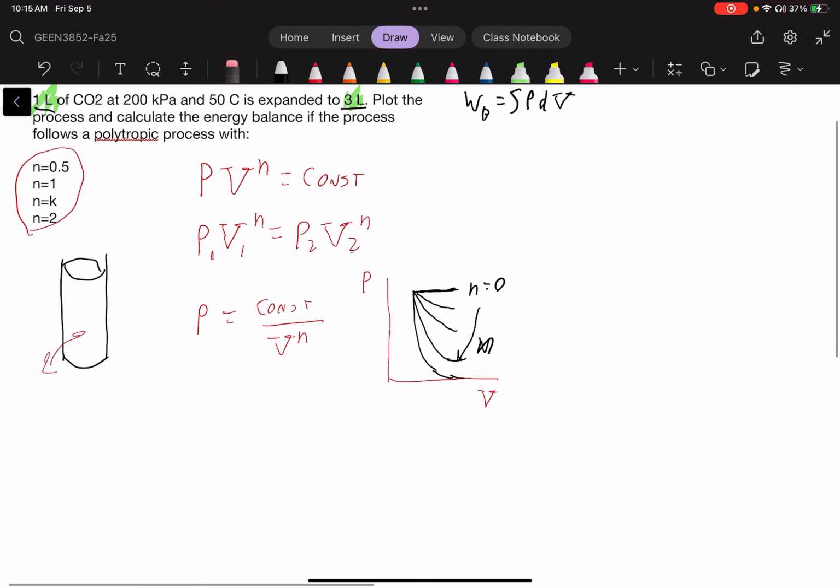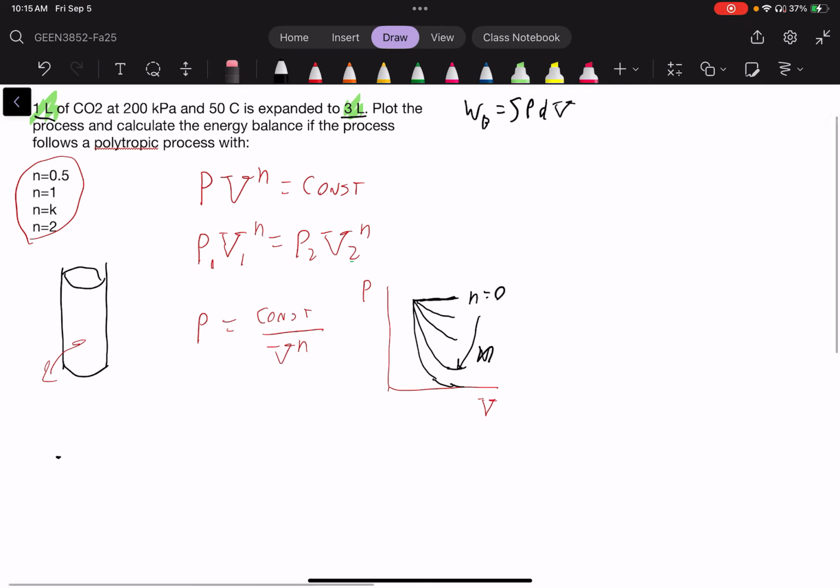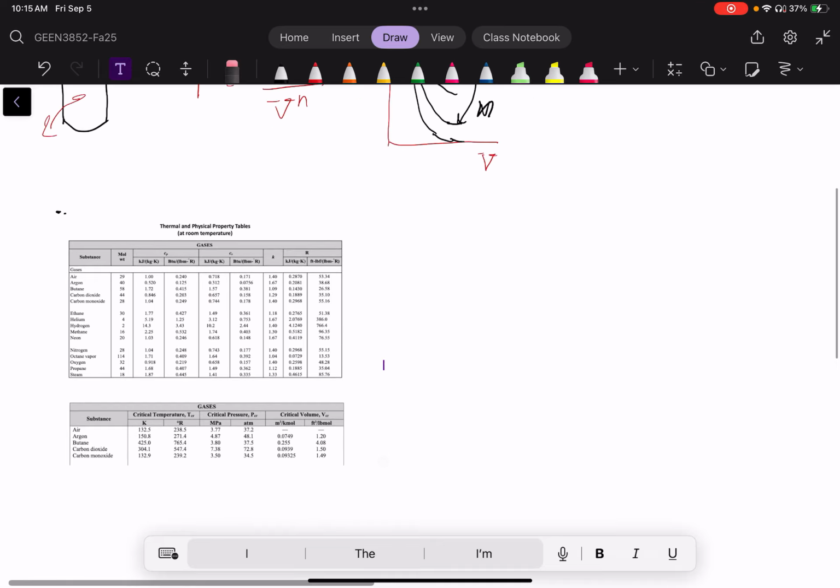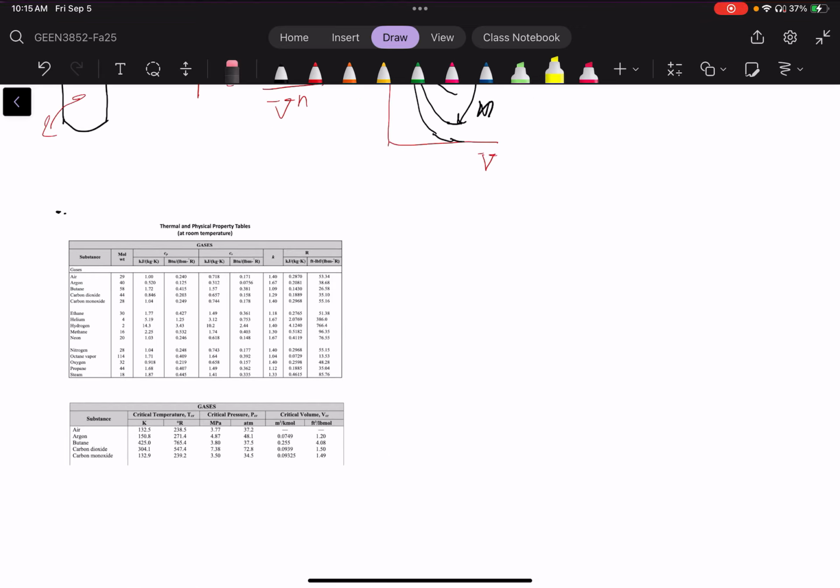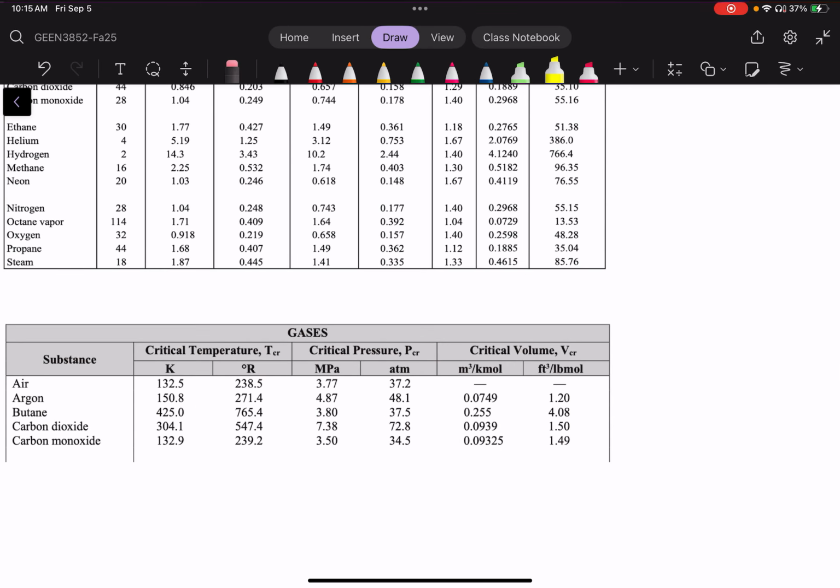Before I jump in and solve it, I want to start by looking at my NCES equation book and looking at some of the values for those ideal gases. So let me pull that up here. The first thing we should check is that we can use the ideal gas rules to solve this.